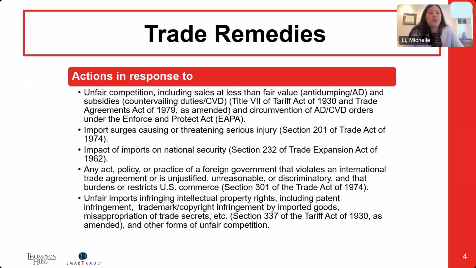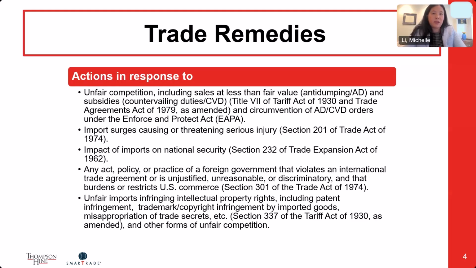So what are trade remedies? Broadly speaking, we're talking about many things, including actions in response to unfair competition, where the sales are made at less than their fair value, which we call anti-dumping, AD. Where the imports are being subsidized by foreign government, which we call countervailing duties, CVD.